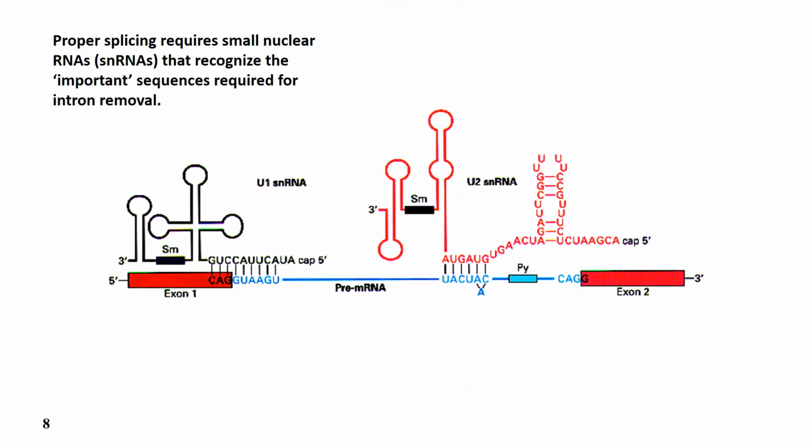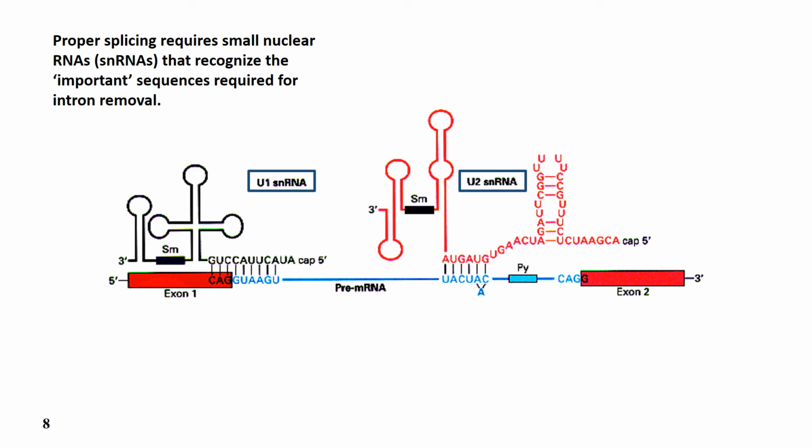Proper splicing requires that small nuclear RNAs or snRNAs recognize those important sequences at the intron-exon border and the branch point A. There are two critical snRNAs, one called U1 snRNA.